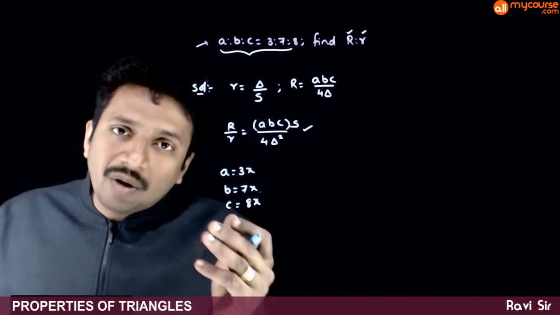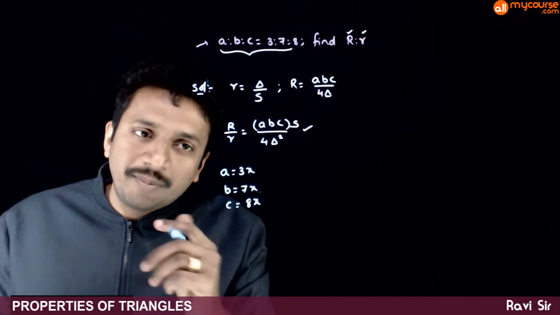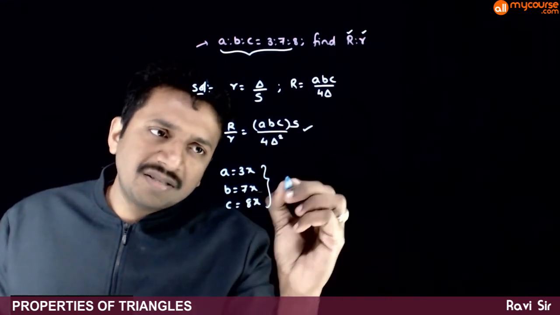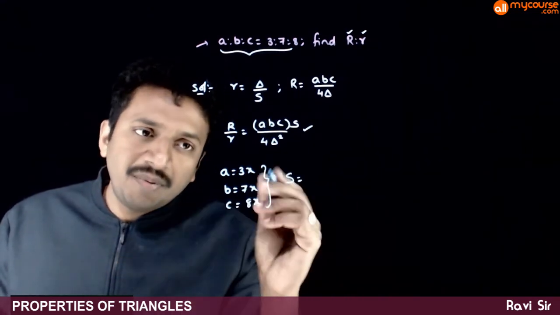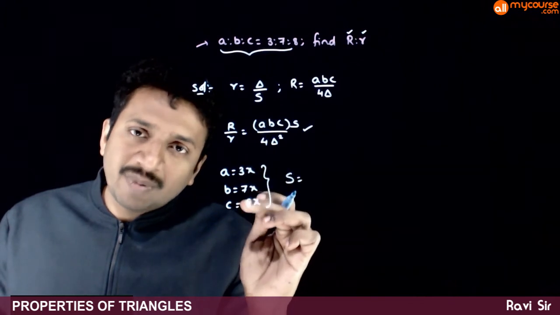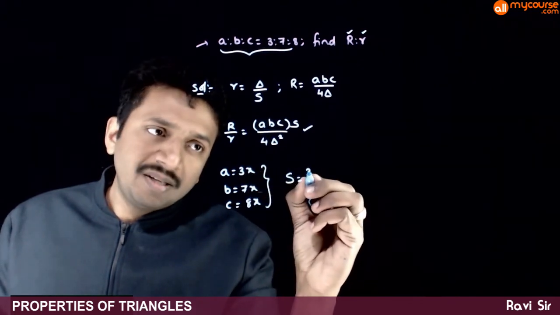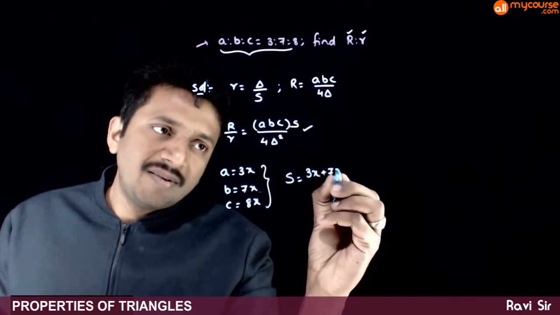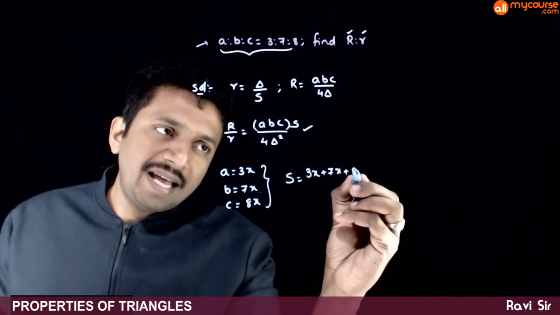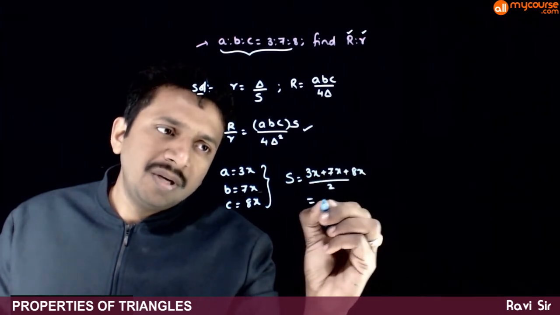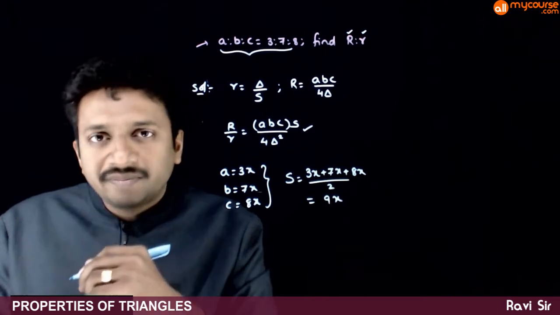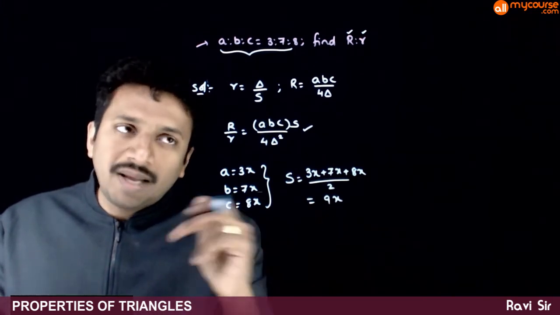Delta can be found using Heron's formula. To find that, first let us find S. S is the semi-perimeter: (3x plus 7x plus 8x) by 2, that is equal to 9x. So S is equal to 9x.